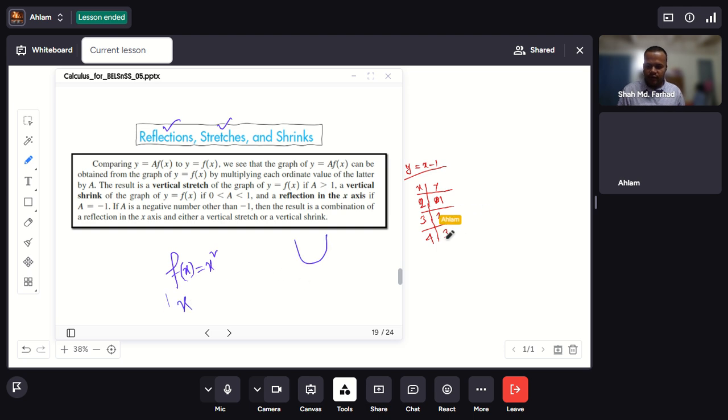But if we put f of x equals negative x square, then we have the reflection of this graph, downward. That is the reflection. And the x-axis works like a mirror here.